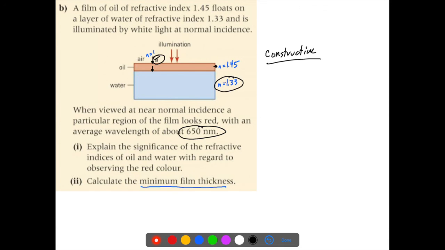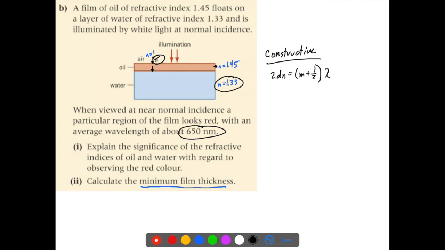So I have one phase change, which means I'm going to use the same formulas that are given to me in the formula packet. And so therefore we're going to use 2dn equals m plus 1/2 times lambda.